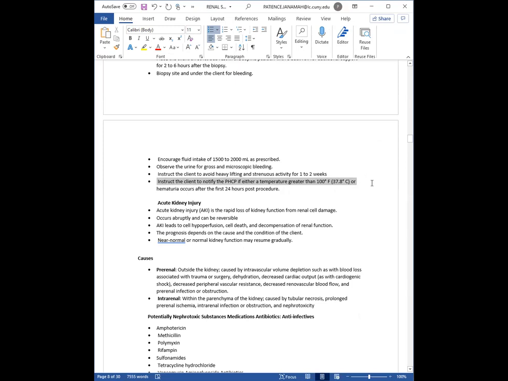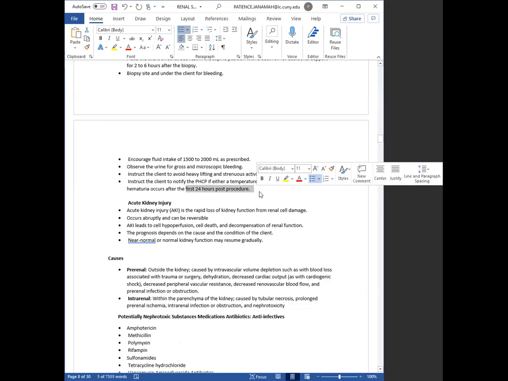So you instruct the client to notify the physician or provider if either a temperature greater than 100 degrees or hematuria, that's blood in urine, occurs in the first 24 hours. They just tampered with the kidney, so you are worried that you might bleed from the kidneys. So for the first 24 hours, you want to tell the patient, if you urinate and you see blood in your urine, you have to quickly report.